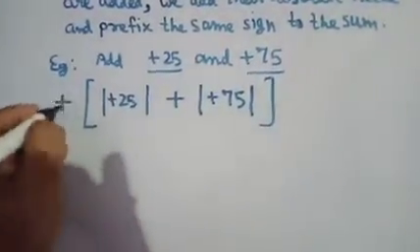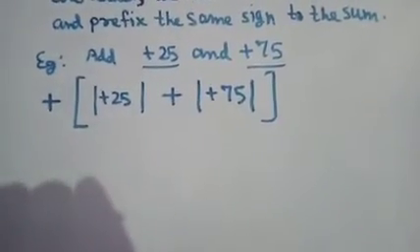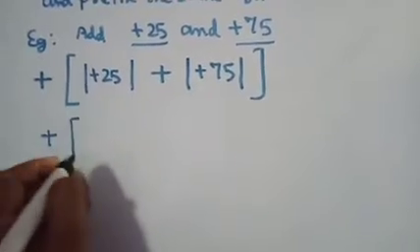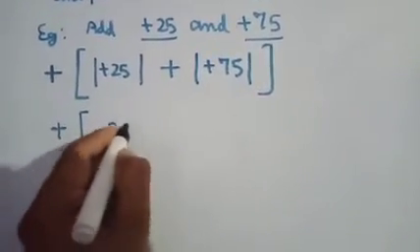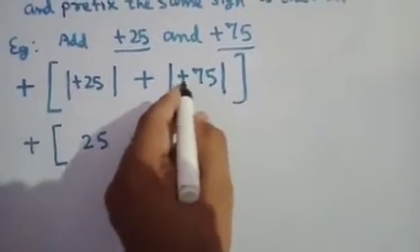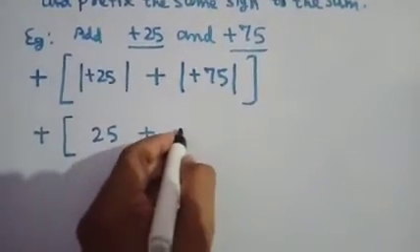Same sign means plus. So the absolute value of plus 25 is 25. Add the absolute value of plus 75, which is 75.